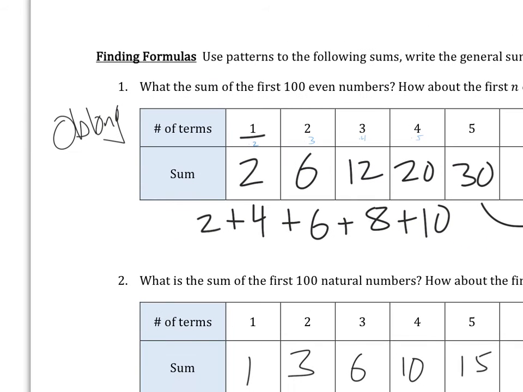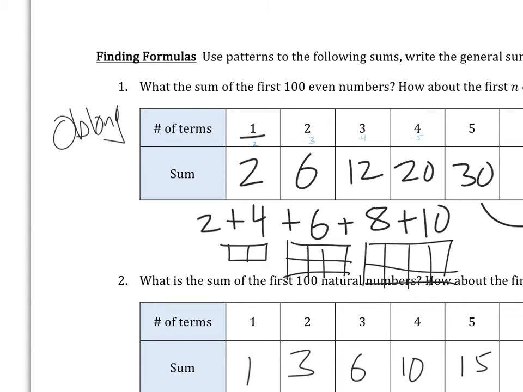And these guys, we've got like a 1 by 2. We've got a 2 by 3. And if we kind of picture rectangular arrays, the next one's a 3 by 4. Okay? So these are always going to make nice, neat rectangles that are one longer than that.